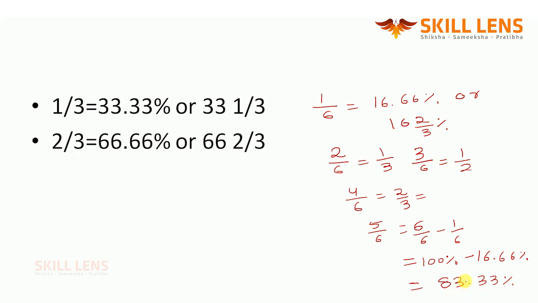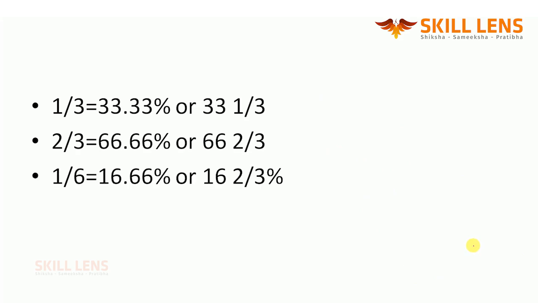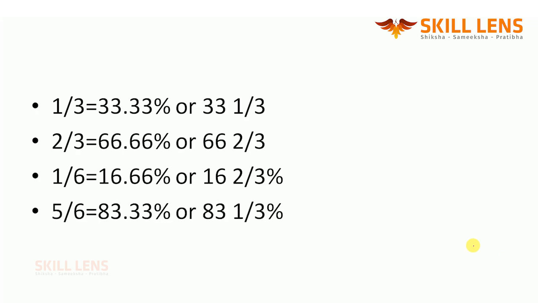This is how, don't mug up the values. This is how logically you have to learn the values. That's very, very important. So 1 by 6 is 16.66 and 5 by 6 is 83.33%.